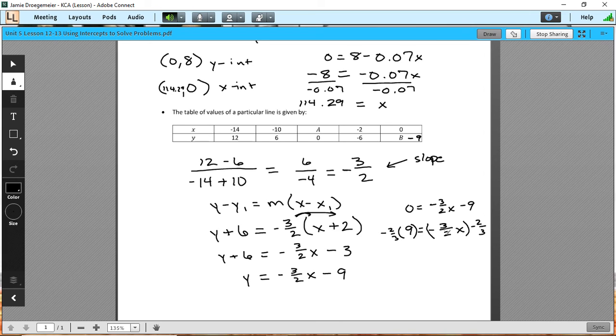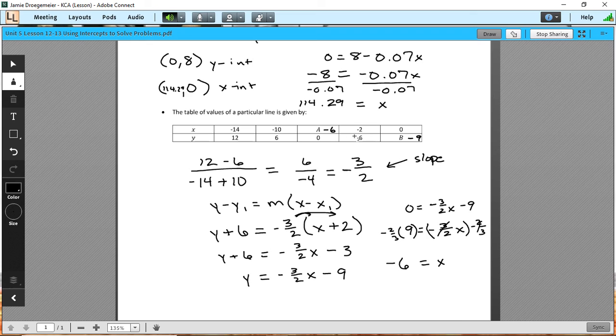All right, and so those are going to multiply to 1, so I'm just left with 1x, or x. -2/3 times 9, that would be -18/3, which would simplify to -6. And so when y is 0, x is going to be -6.